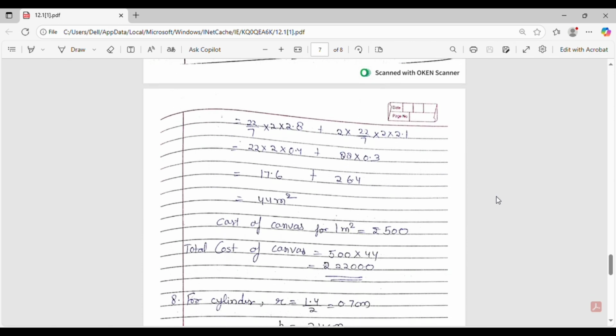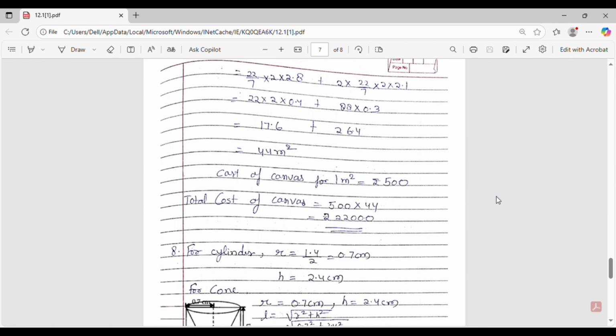We will substitute the values and we will get pi r l plus 2 pi r h. It would be 17.6 plus 26.4, it would be 44 meters square, and the cost of canvas would be 44 into 500, it would be 22,000 rupees.